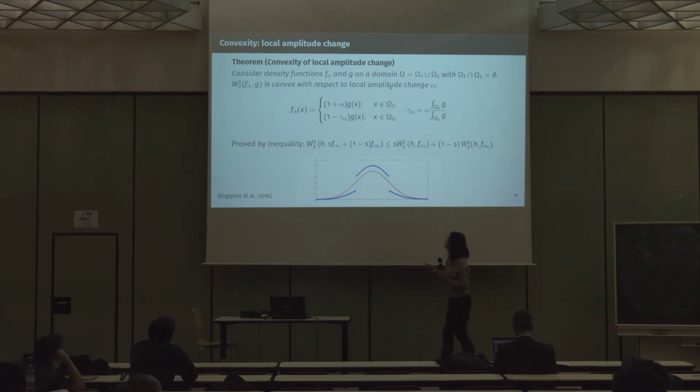If part of my f is larger than g, and the other parts are smaller than g, then the distance between f and g is convex with respect to the amplitude changing parameter alpha. So it's another convexity, and this proof is by the displacement convexity of the Wasserstein distance.